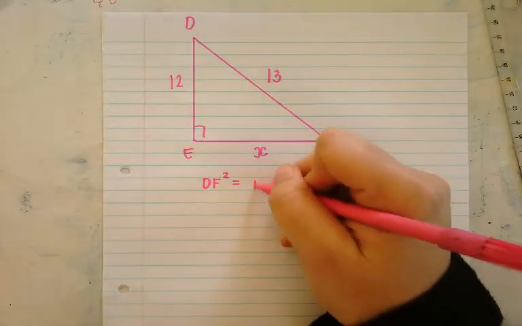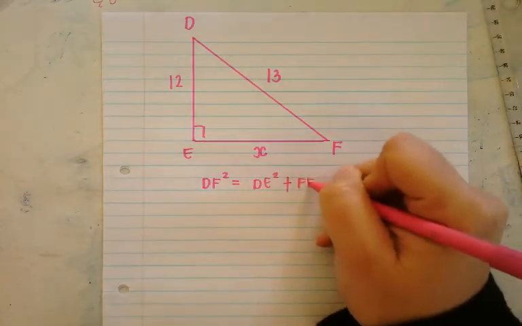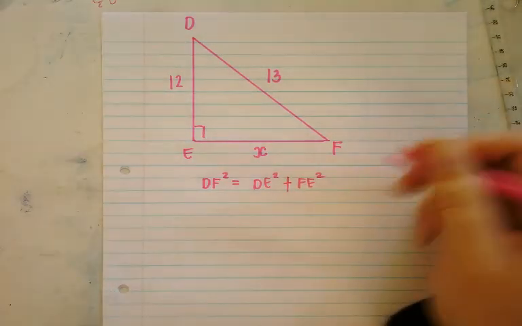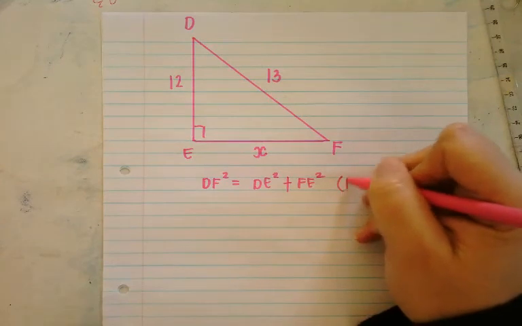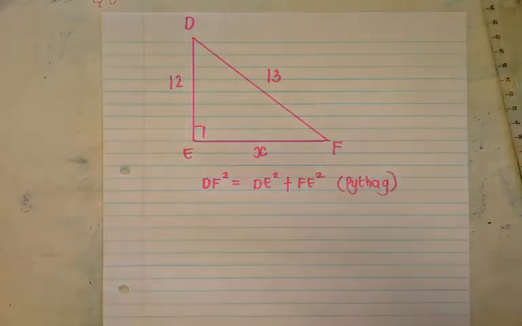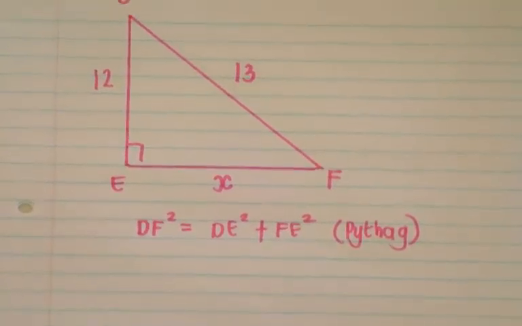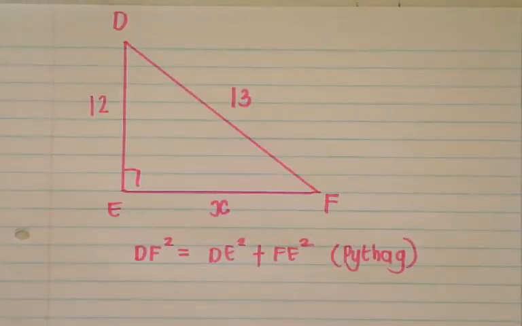Then it'll be DE squared plus FE squared or EF squared, and I would write immediately Pythag. So I haven't even looked at the values yet. I started with my theorem. Long side squared is equal to short side squared plus short side squared. Pythag.